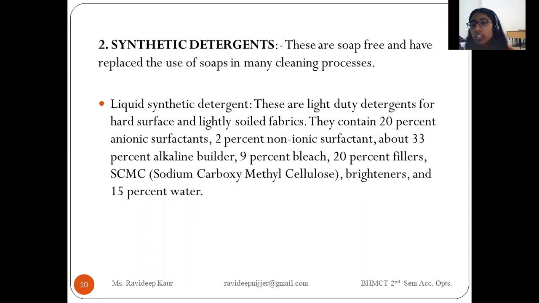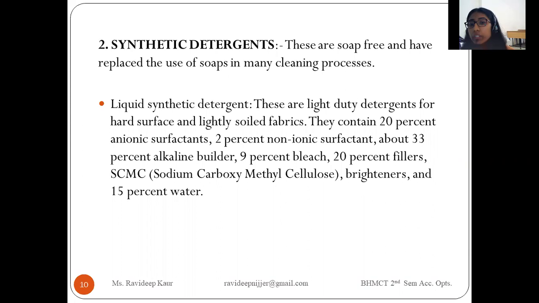Liquid synthetic detergents are light duty detergents for hard surfaces and lightly soiled fabrics. So this detergent is very light, and it's used for hard surfaces and for the fabrics or clothes which are lightly soiled, not very dirty.